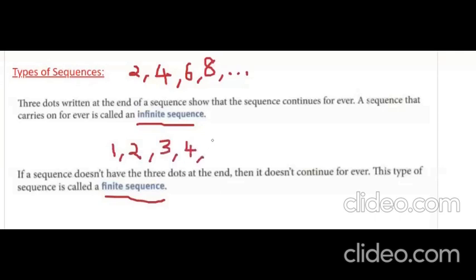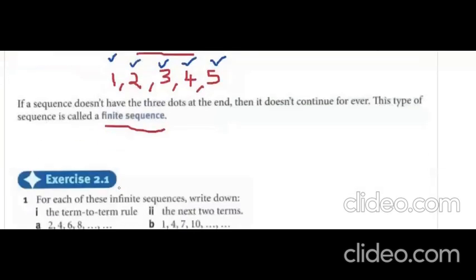Since it doesn't have three dots at the end, we can say that this is a finite sequence, and there are totally five terms in it: 1, 2, 3, 4, and 5. That's why we call it a finite sequence.